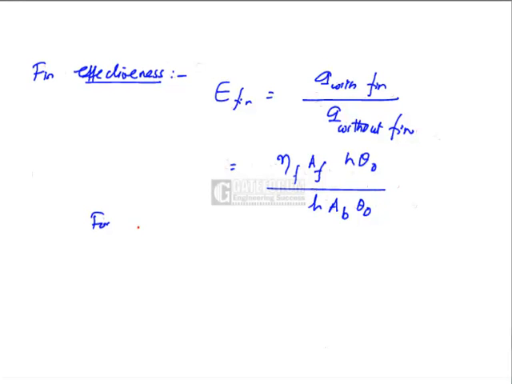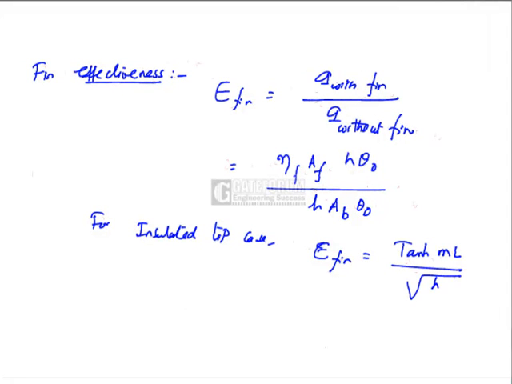For the insulated tip case, this effectiveness of the fin would become tanh mL divided by root of hA by kP. This is the formula for effectiveness of the fin if the fin tip is insulated.